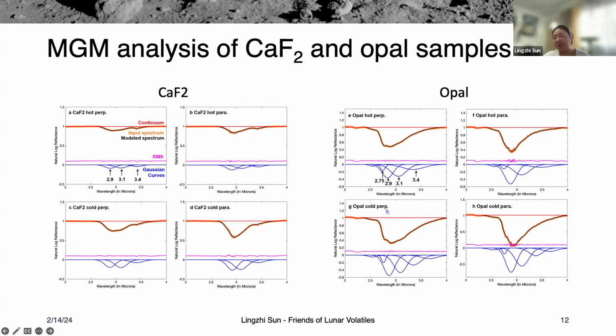For opal, it's more complicated because it has this wide 3.4 feature, and we also added some extra features to minimize the error between the modeled and measured spectra. So I have three water-related absorptions, 2.75, 2.9, 3.1, with the same absorption center for each spectrum.